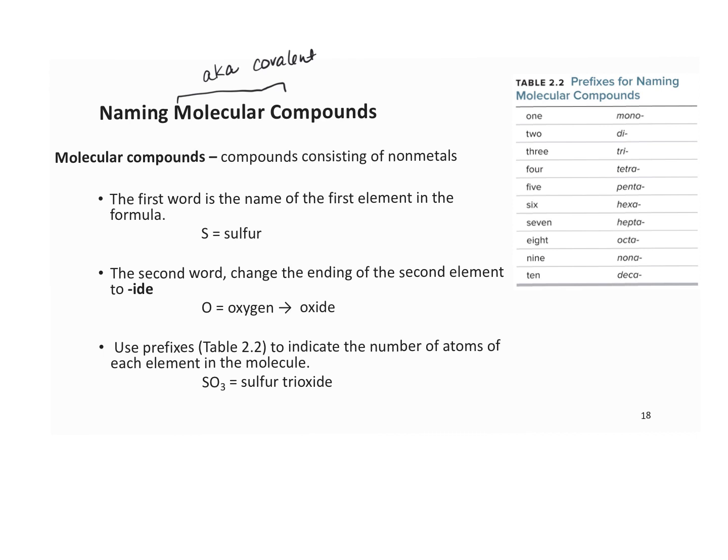So for example, if we are looking at SO3, this is a covalent compound. Two nonmetals are here. The first word is the name of the first element in the formula, so sulfur. The second word, you change the ending of the second element to IDE, oxide.